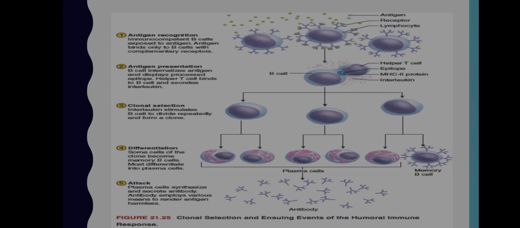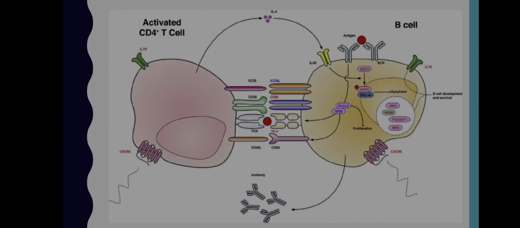Then the antigen presentation. The helper T cells attach to the epitope, and this is the activation of the B lymphocytes and attachment of the T helper lymphocyte.